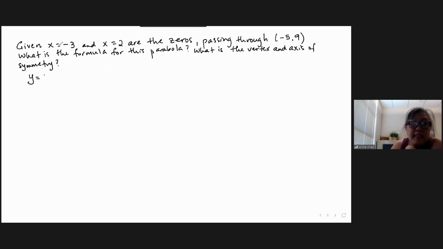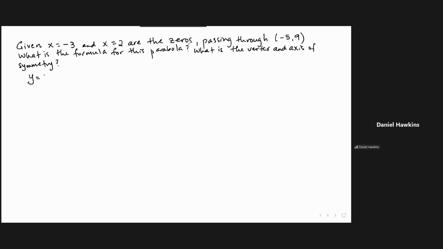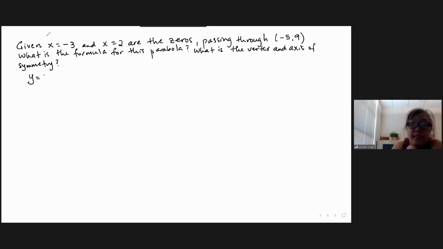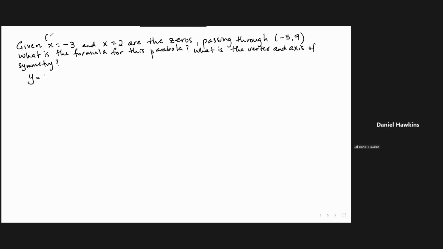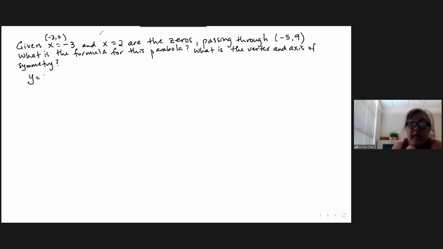they say given x equals -3 and x equals 2 are zeros. What does this mean? It means that they're points on the graph. What are the points? They're (-3, 0) and (2, 0). How do I know that?